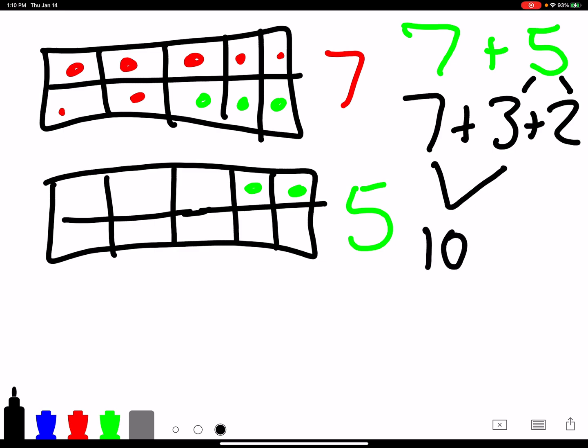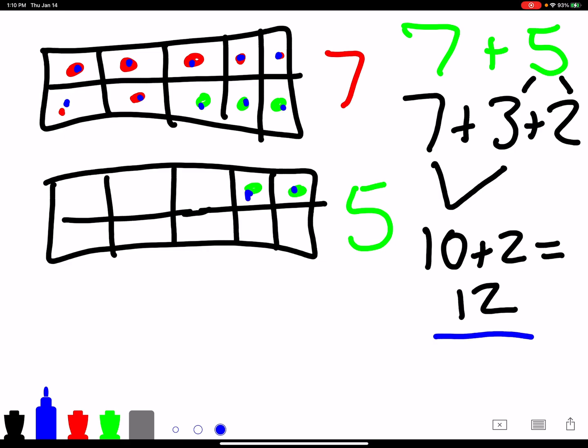We could say 10 plus 2 is 12. But you could also say 5 plus 7. And then if we count out 1, 2, 3, 4, 5, 6, 7, 8, 9, 10, 11, 12, we also get 12 as well.